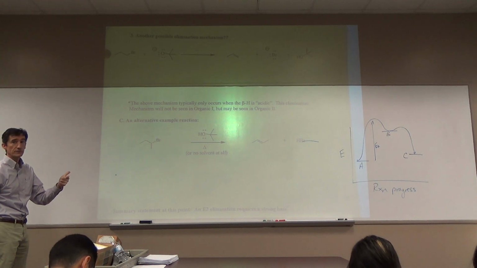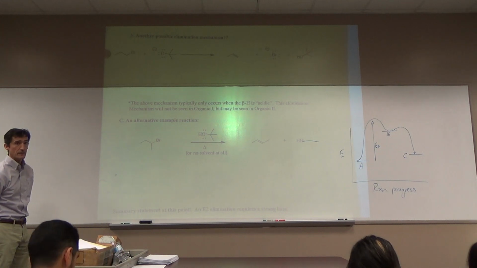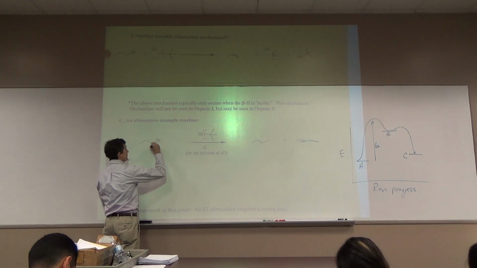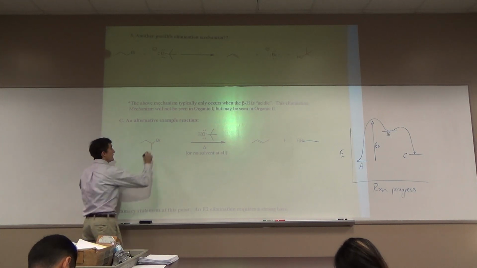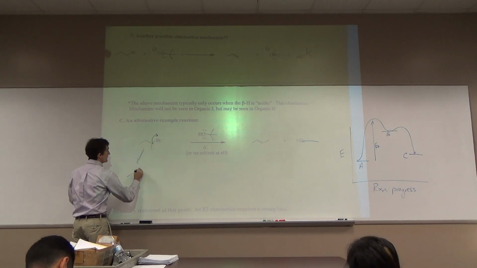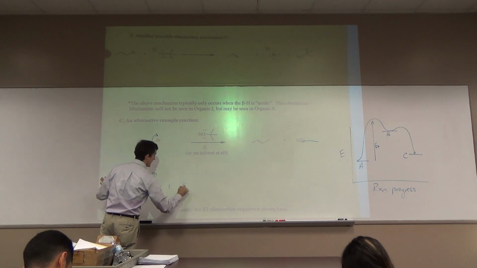We don't have either of those. No strong base. This is going to be an E1. First step of E1, same as SN1: leaving group leaving, that plus Br minus.